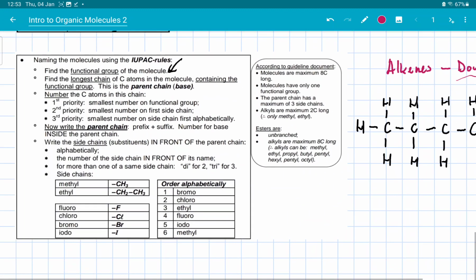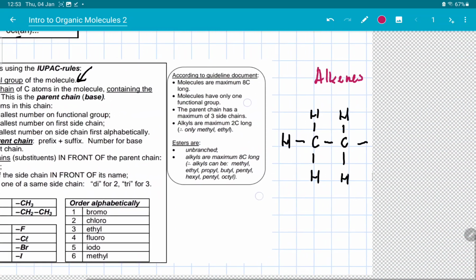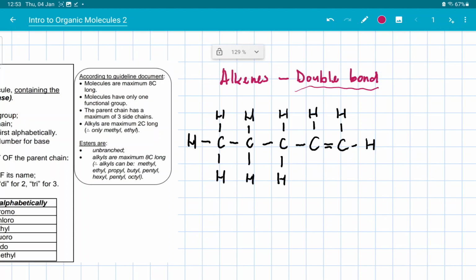Number two, I'm summarizing what was written there. Priority number one is the smallest number on the functional group. In other words, when you count the carbons, count such that the carbon that contains the functional group has the smallest number. I cannot say carbon 1, 2, 3, 4, 5 from the left, because the first carbon to contain that double bond would be carbon 4.